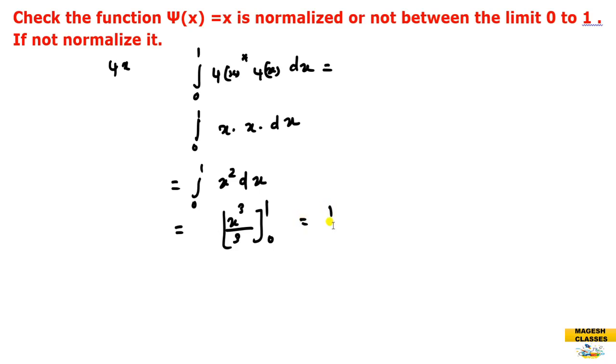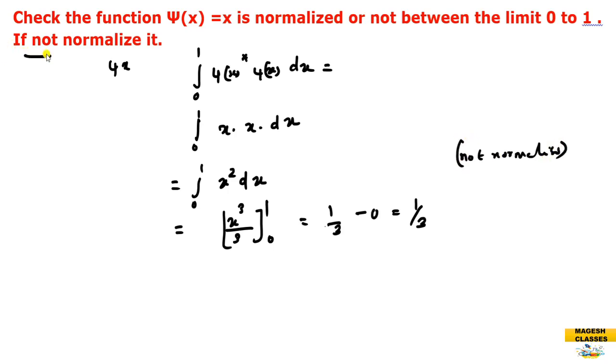According to the limits it is 1 by 3 minus 0, equal to 1 by 3. So this value is not equal to 1, so the function is not normalized. Correct?